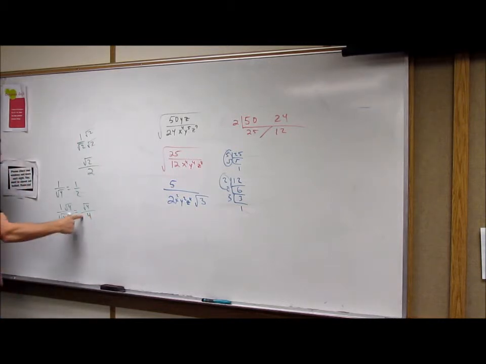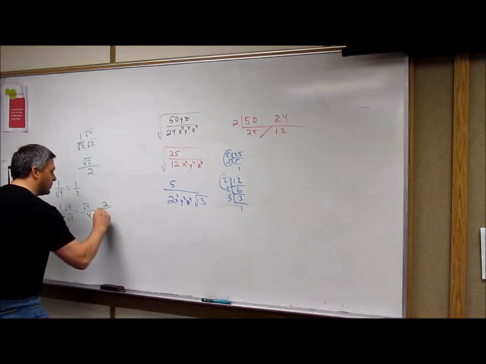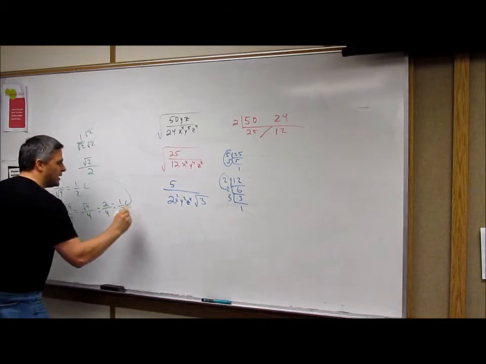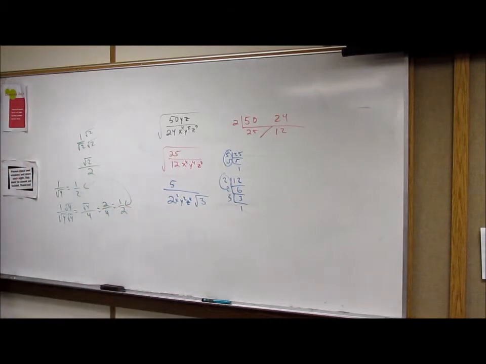Well, that doesn't look like 1/2. But is it 1/2? What's the square root of 4? 2 over 4, which is 1 over 2. And yes, they are the same. Okay? So this does work.